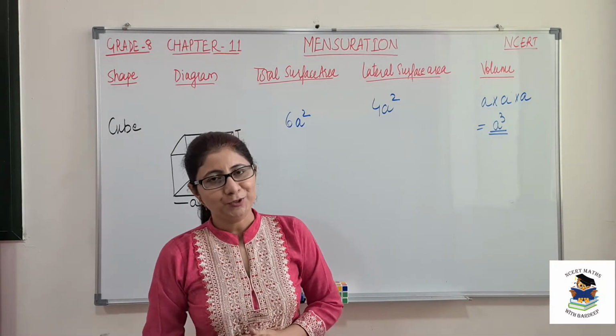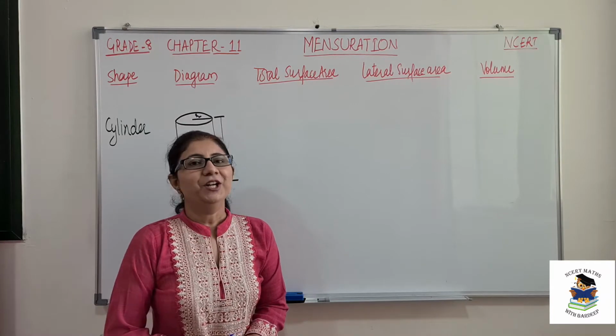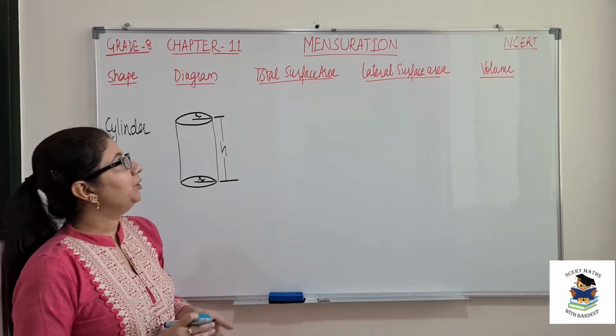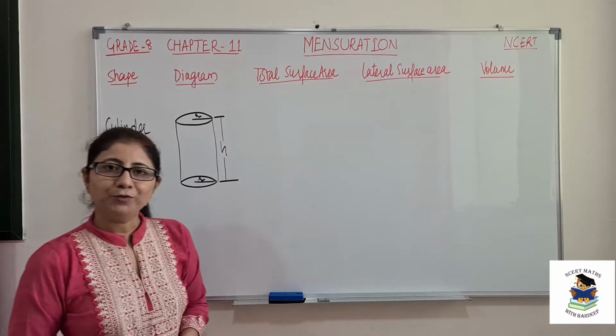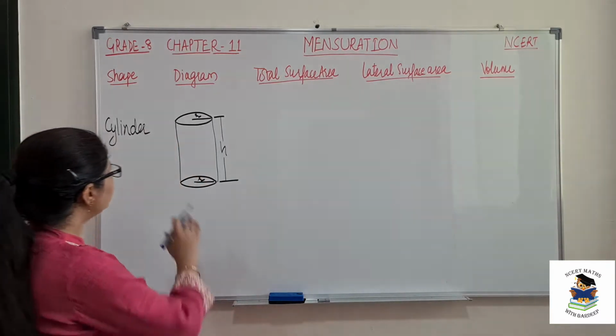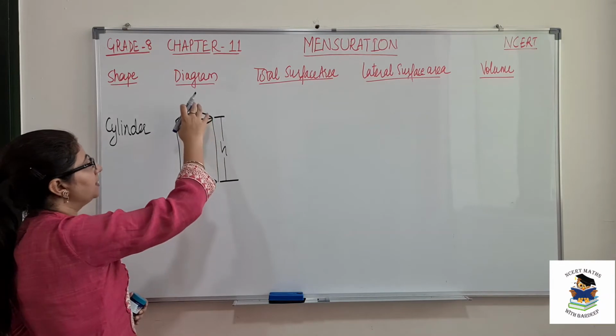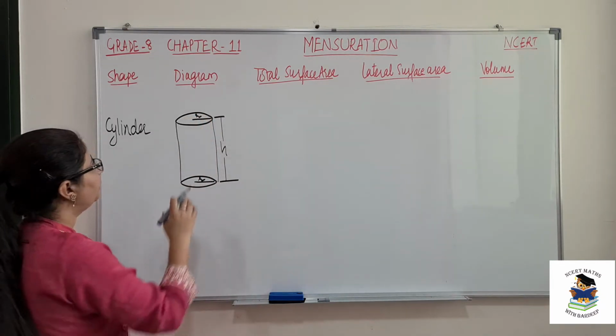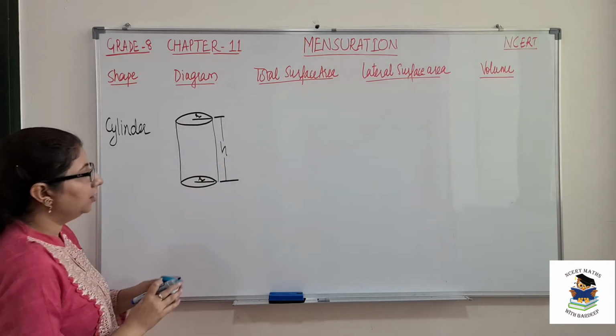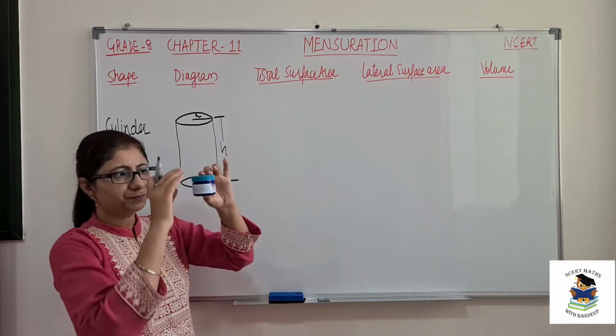So now let's move on to the cylinder. Let's see how to find the lateral surface area, total surface area and volume of a cylinder. As we have already done, what is a cylinder? A cylinder has two bases that are circular in shape and one curved part. Suppose this is a cylinder.